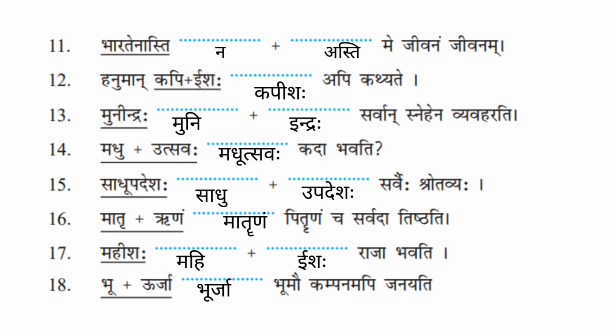Matru plus rinam. Matrunam. Under ta double matra will come. Mahishaha. Mahi, left side imatra. Mahi plus ishaha. Bhu plus urja, bhurja.